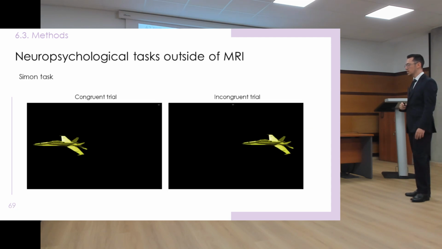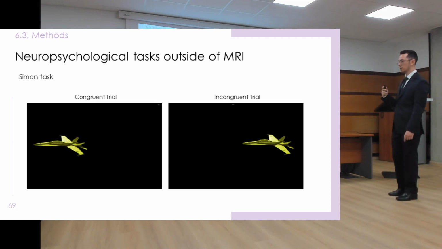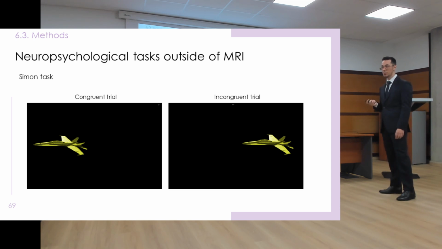They also carried out the Simon task, which measures stimulus response, conflict resolution, and interference inhibition. And it's important to remark that in this task, the meditators showed significantly reduced reaction times.